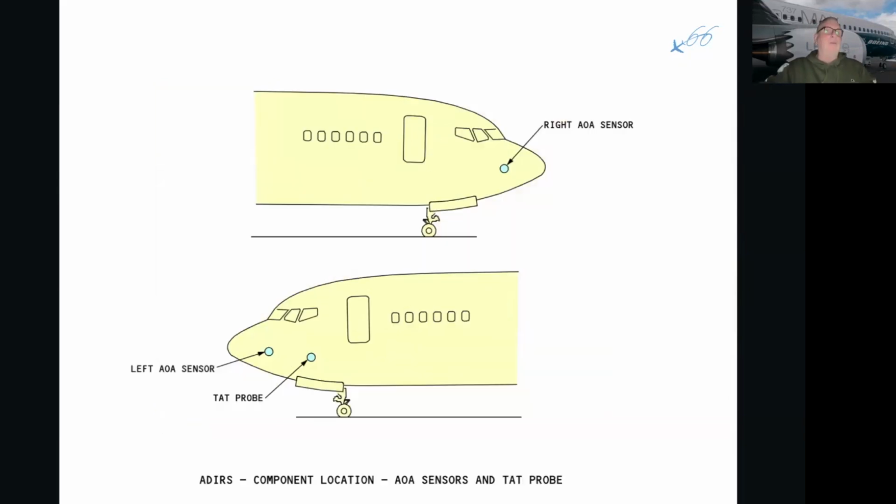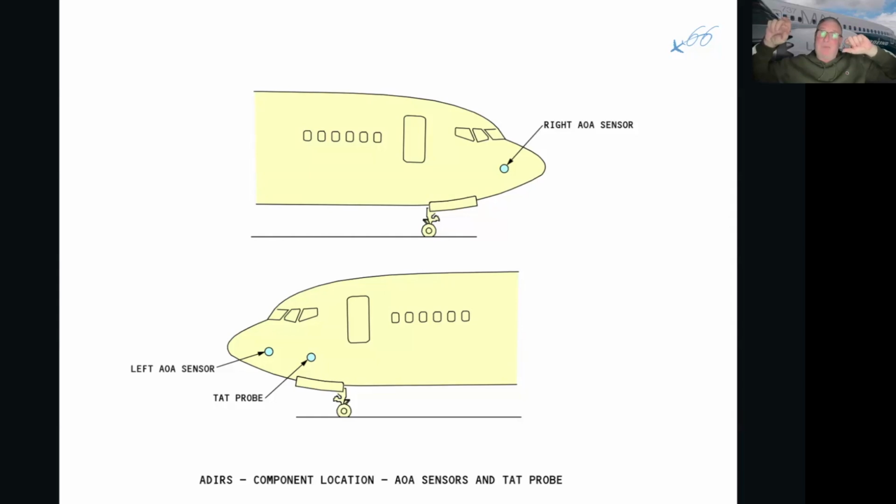Other than the pitot and the statics, we have the AOA sensor, angle of attack sensors, okay, and the TAT probe. The angle of attack sensors, as we said, give an angular displacement of the aircraft because they're set to move in the airflow, and as the aircraft moves, it changes its pitch. These sensors align themselves to the horizontal plane and produce a displacement angle.